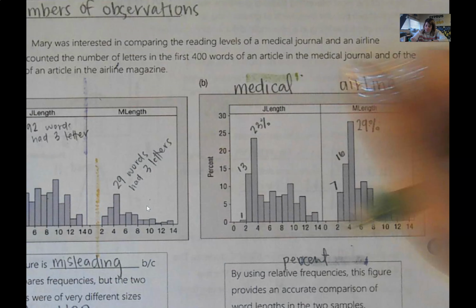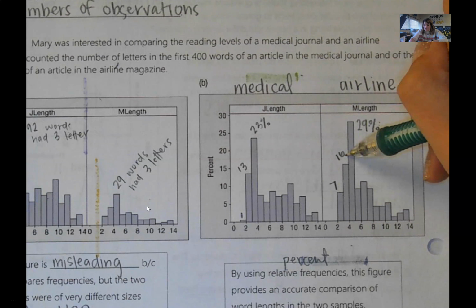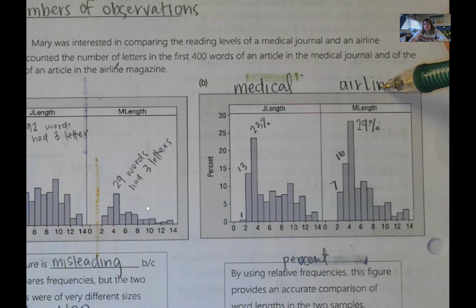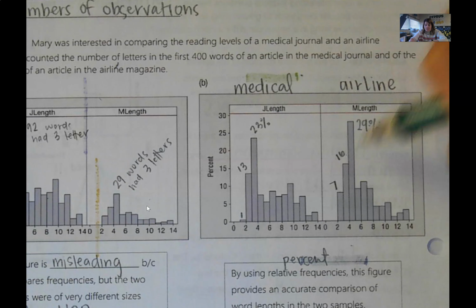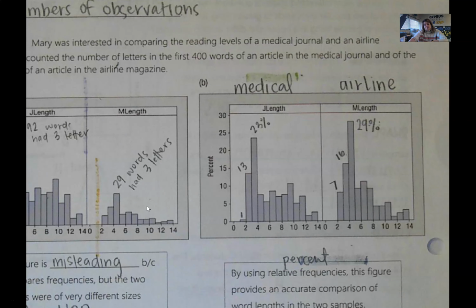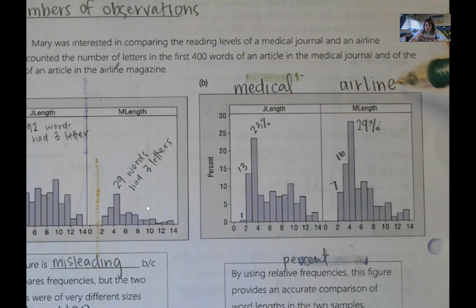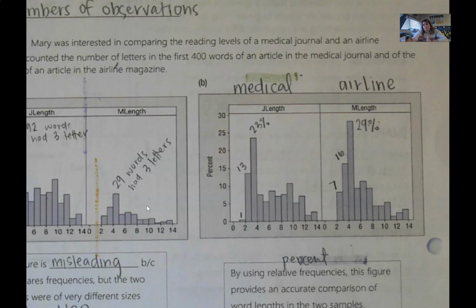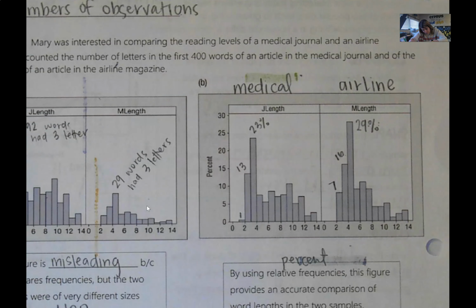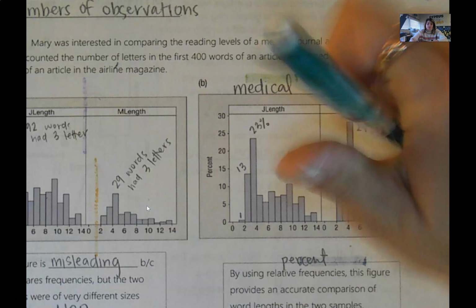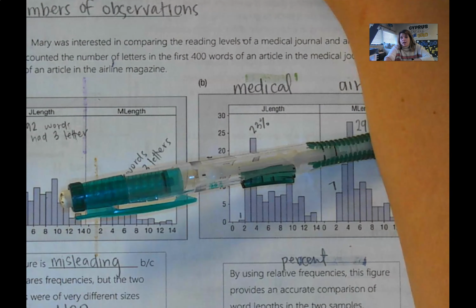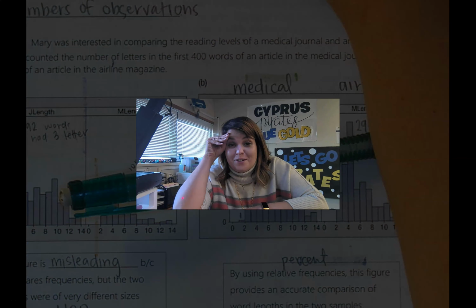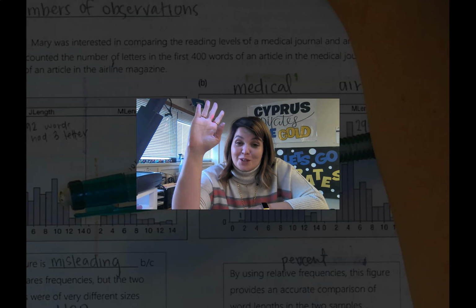So let me say that again. 16% of the words in the airline magazine had a length of 3 letters. And I should be even more specific and say 16% of the sample from the airline magazine were 3 letters long. Guys, I am really doing the best that I can. I am so sorry that I am struggling to keep these straight.